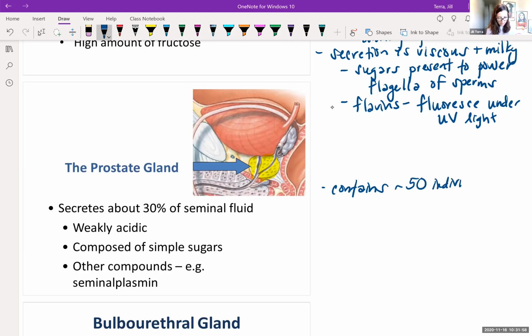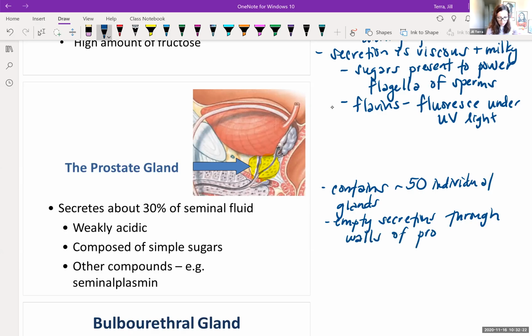They empty their secretions through the walls of the prostatic urethra, so it doesn't have its own duct like we see with the seminal gland. It just dumps its secretions through the walls of the prostatic urethra.